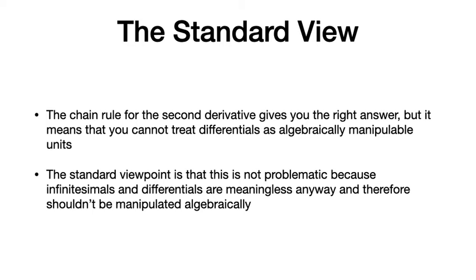It's just wrong to do that. We show them in a ratio just for historical reference. There's no real meaning to the ratio, and that's the standard view. And so we use a separate rule called the chain rule for the second derivative, because the notation isn't actually a ratio. The ratio is just in your mind. And since they're infinitesimals, we shouldn't expect there to be a valid ratio anyway, right? Because we don't expect infinitesimals to work, because that's old stuff. Limits are the new thing.